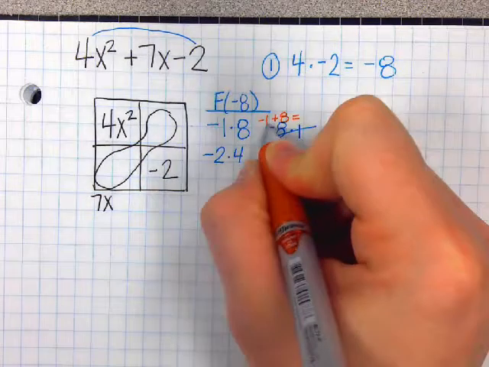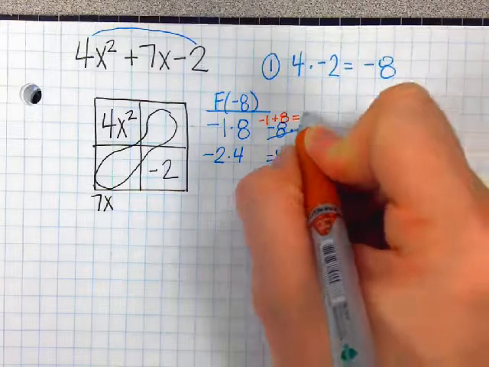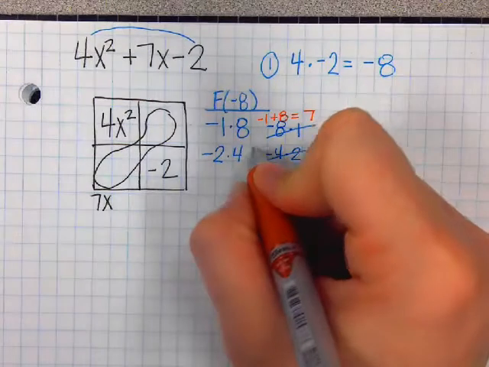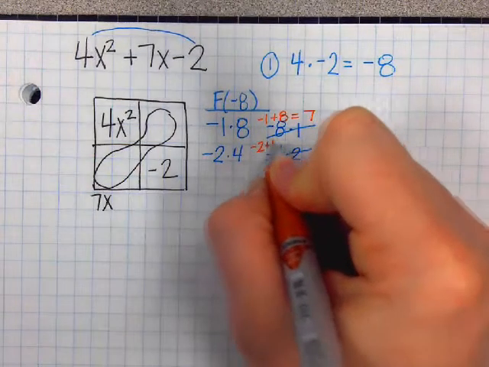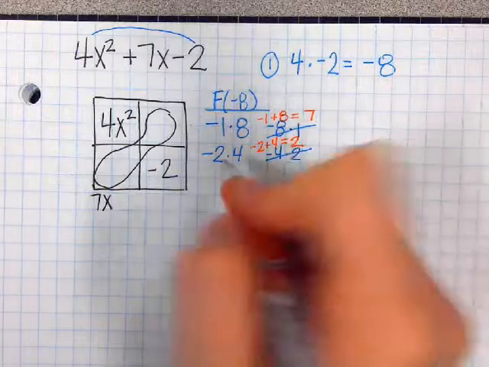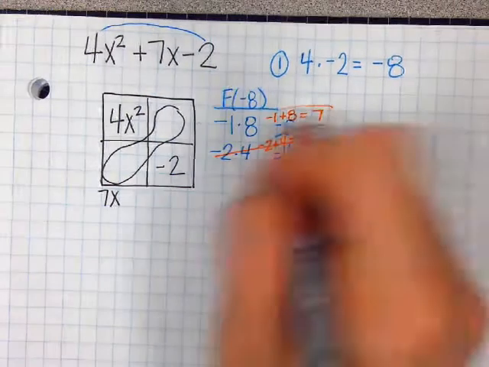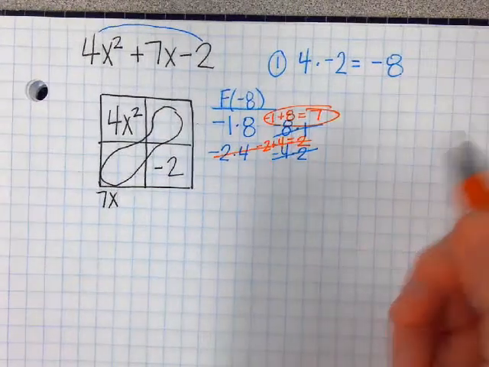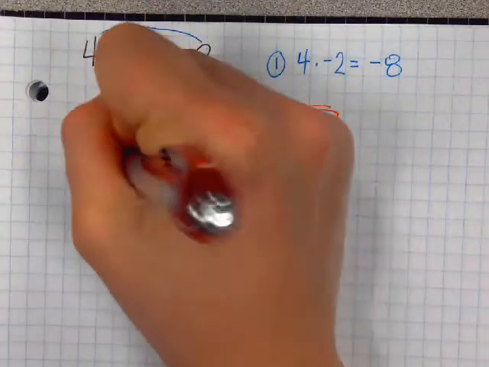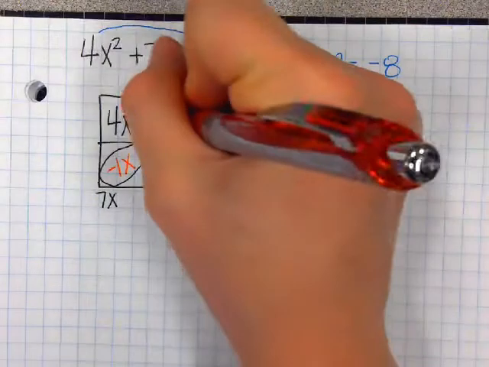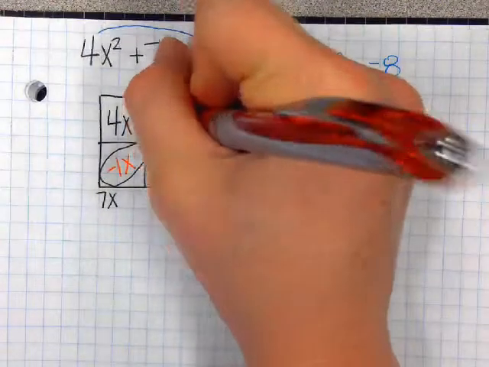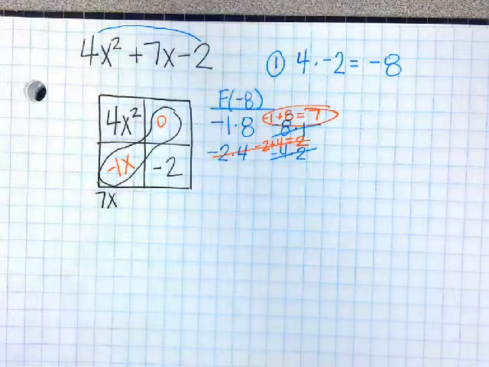Okay, now we want to look in which one adds. So negative 1 plus 8. If I owe you $1 and I give you 8, I gave you 7 extra. Negative 2 plus 4 would be a positive 2. Well, that one's out. So this is what I want.